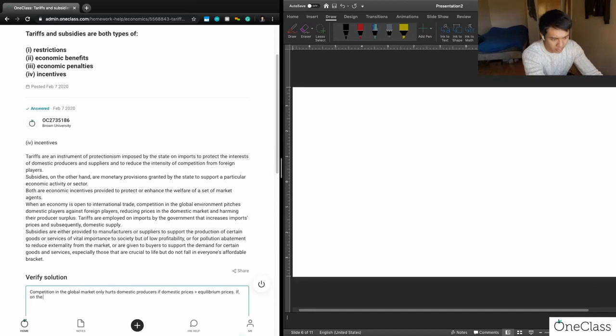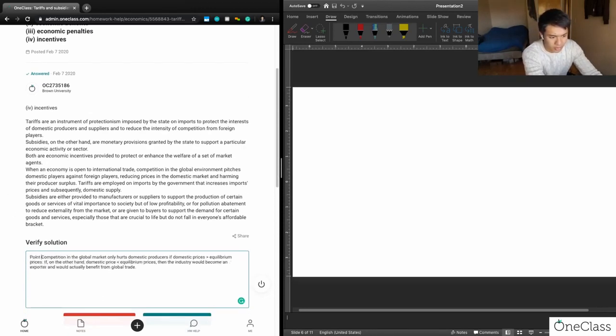If, on the other hand, domestic prices are less than equilibrium prices, then the industry would become an exporter and would actually benefit from global trade.